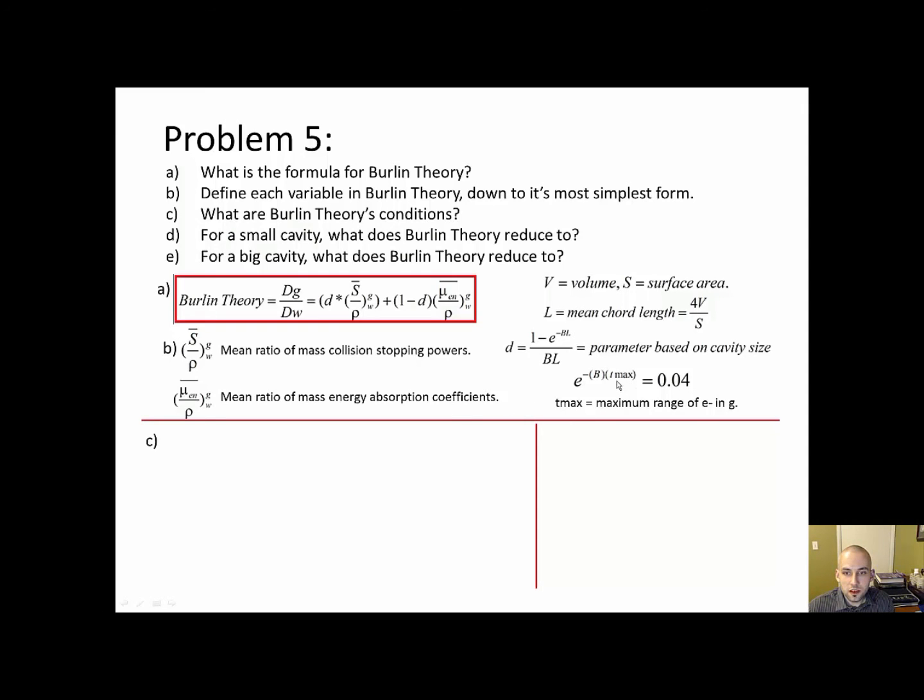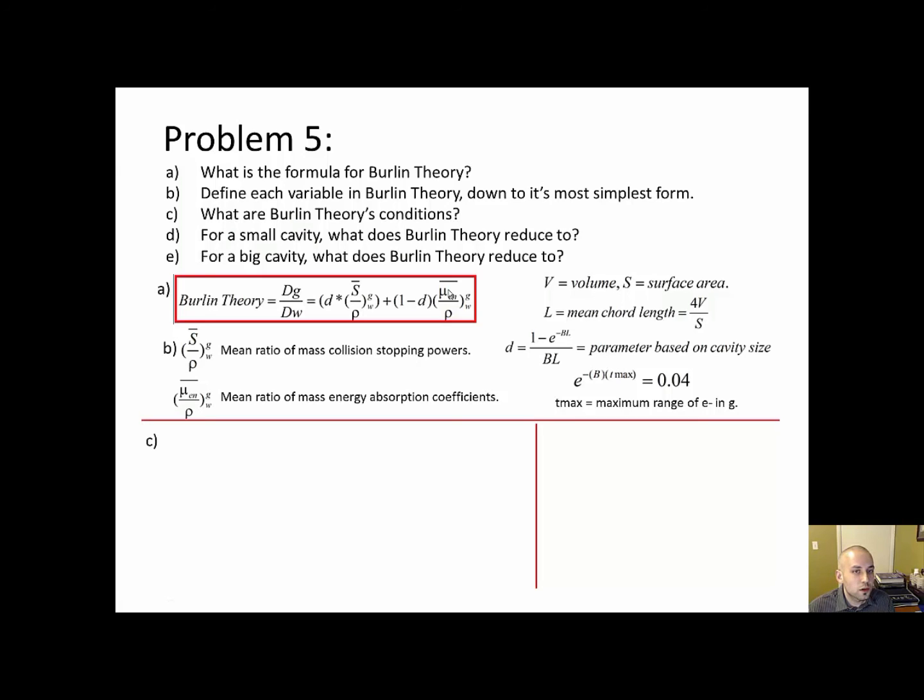Tmax in this case, used to calculate b, is the maximum range of electrons in the gas. And then for this formula we still have this mean ratio of mass collision stopping power. And within this formula we now have the mean ratio of mass energy absorption coefficient.